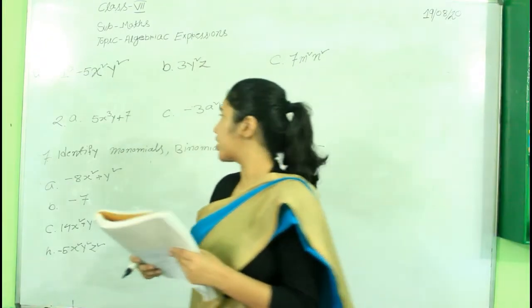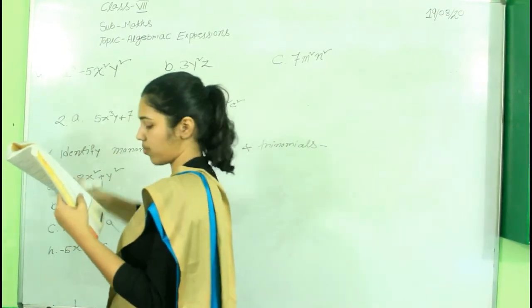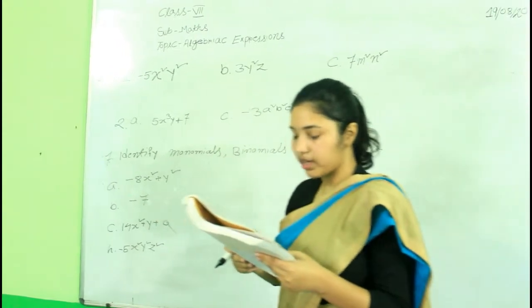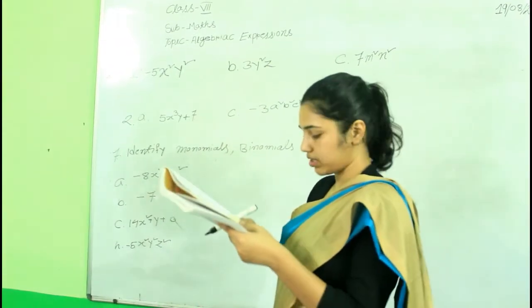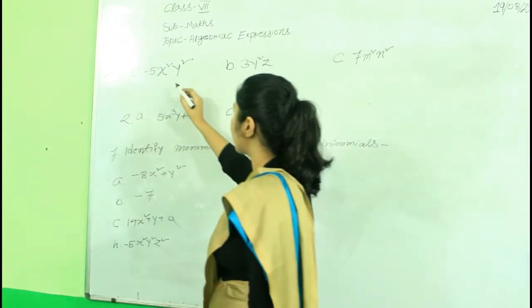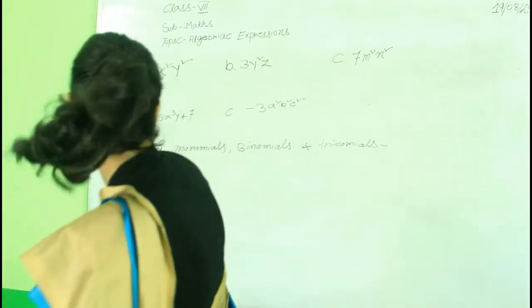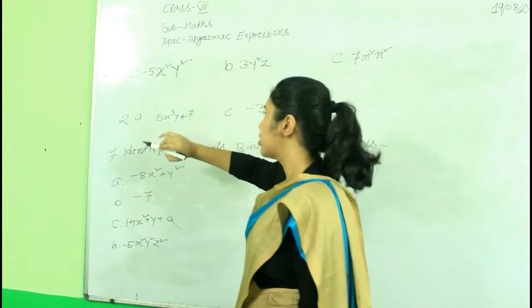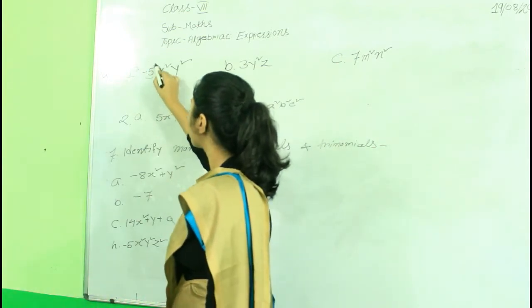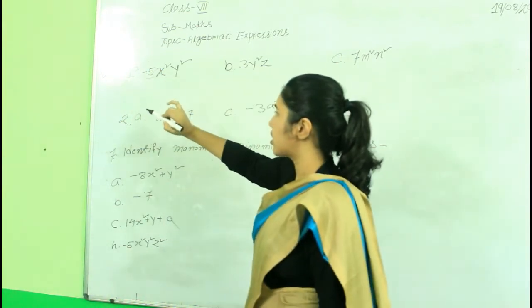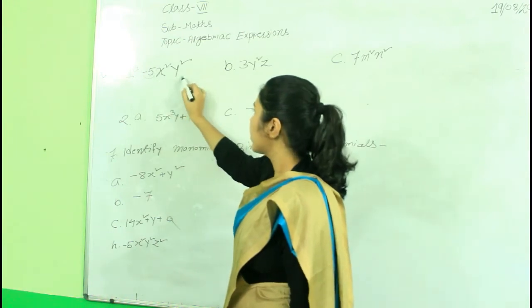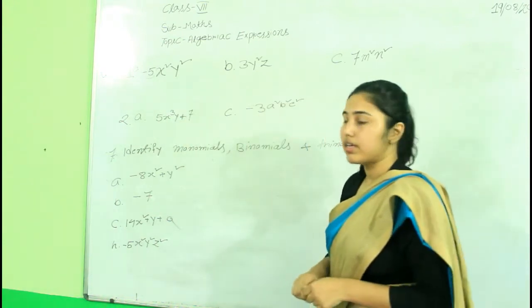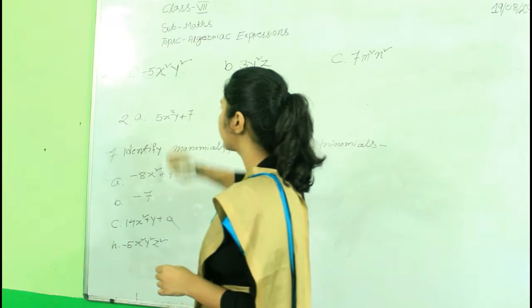So here, now exercise 6.1. First, question number 1. Write the numerical coefficients of each term. So here, first one, minus 5x squared y squared. So here, minus 5 is the constant and x square y square are variable, right?